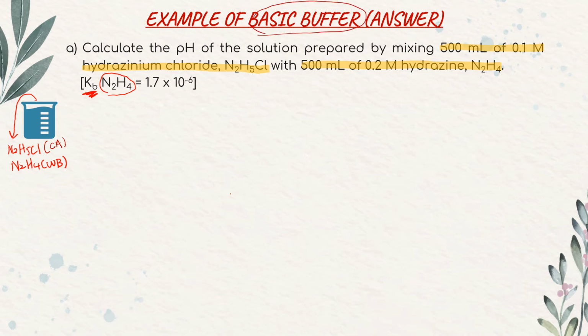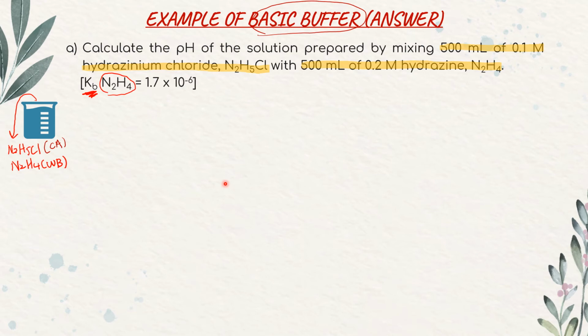Yang seterusnya, apa yang kita akan buat adalah, okay, kita kena check concentration. So, untuk acidic buffer tadi, saya bagi awak contoh yang mana concentration adalah tetap. Okay, sebab apa? Volume tak diberikan. So, bila volume tak diberikan, kita assume that the concentration given is already for the volume of the mixture.